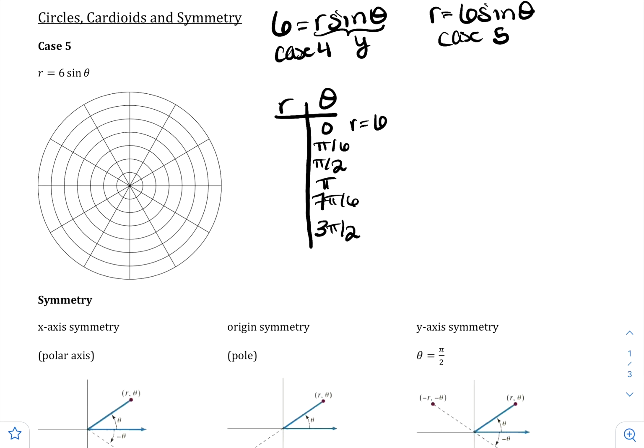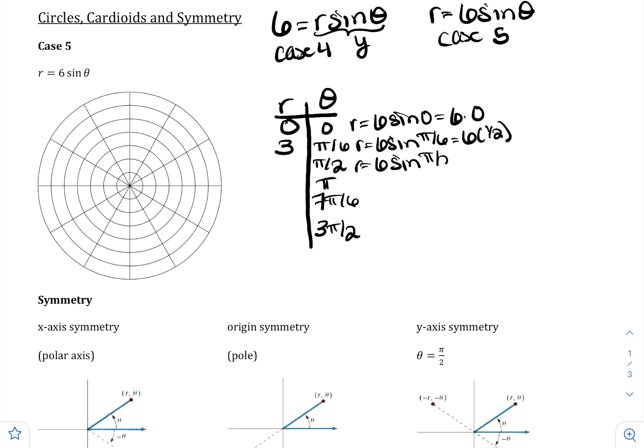So r is equal to 6 sine 0. Sine of 0 is 0, so 6 times 0 is 0. Then I have r is equal to 6 sine of pi over 6. The sine of pi over 6 is 1/2, so 6 times 1/2 is 3. Then I have r is equal to 6 sine pi over 2. The sine of pi over 2 is 1, so 6 times 1 is 6. Then 6 sine of pi.